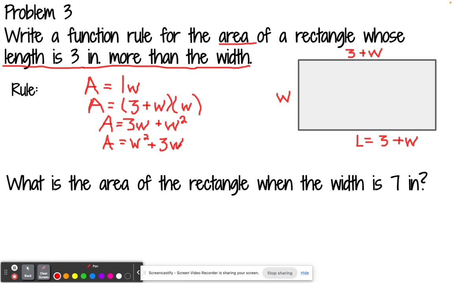Is this linear? It is not. We have that W squared. So let's take a look at this. My area, if my width is 7, is going to equal W squared, so 7 squared, plus 3 times 7.